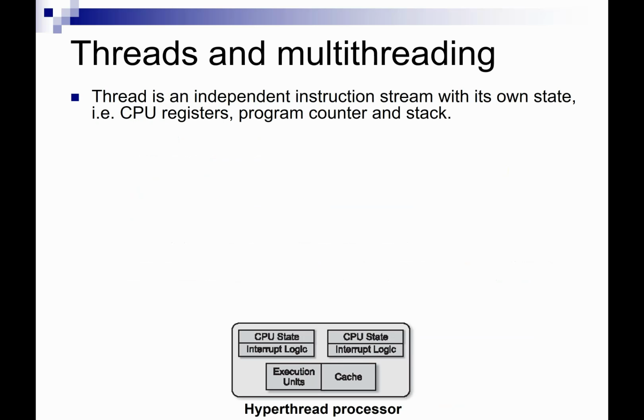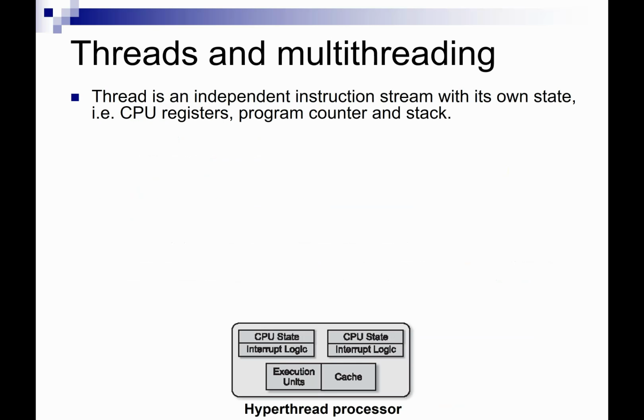Another architecture is the hyperthread architecture. First of all, what is a thread? A thread is an independent instruction stream. Basically, you take a program and you execute it, and you need to keep track of where you are in the program execution.